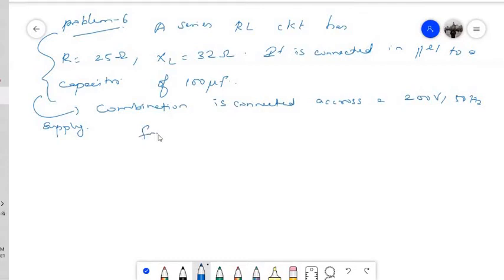So the first thing that you need to find out is, basically there will be two branches. I have clearly mentioned here. There will be a branch in which there is a series RL combination, and in another branch you will have the capacitor. So you need to find the current in each branch.